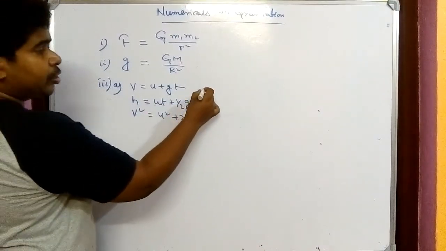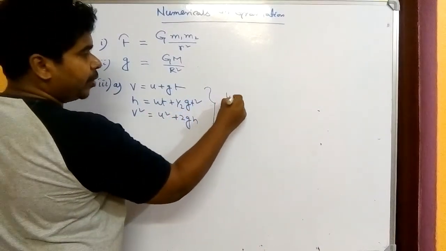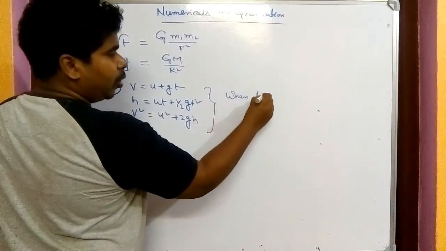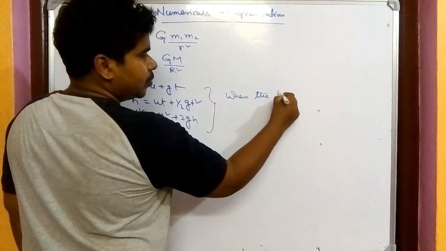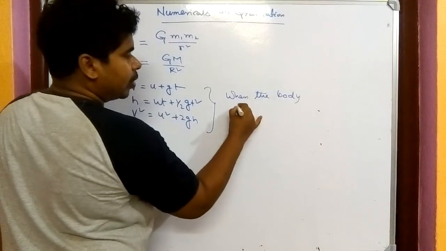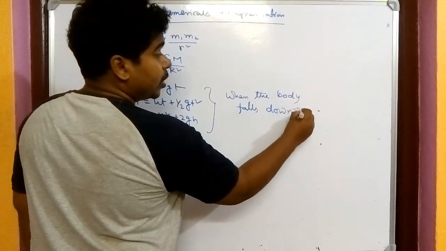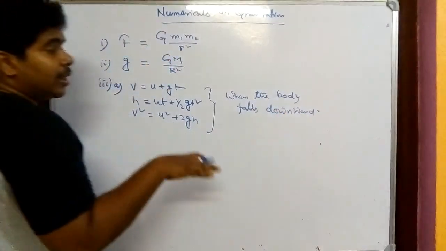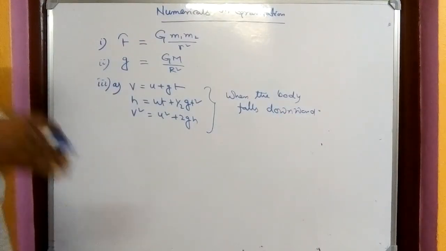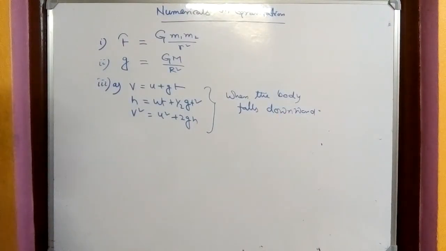These equations should be used when the body falls downward, because then it moves along the direction of the gravitational acceleration.